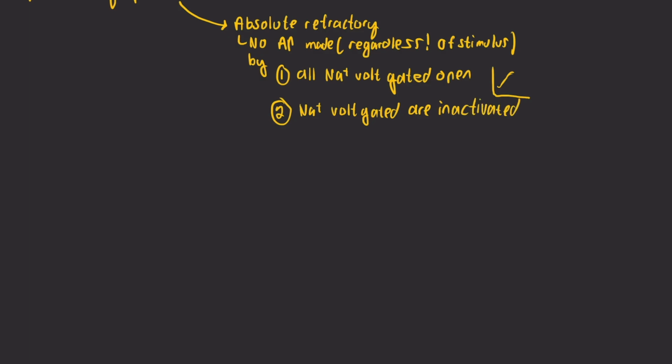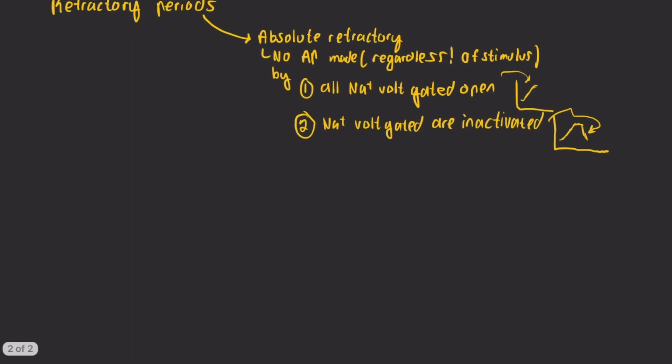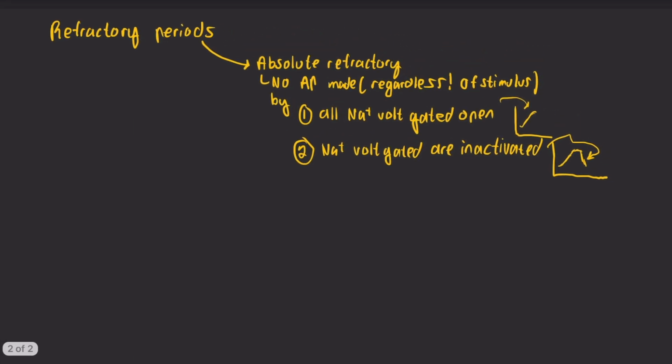And this is a very common occurrence, as we can see. So we have our depolarization, our peak potential, and now we have our repolarization. So this will occur at repolarization.